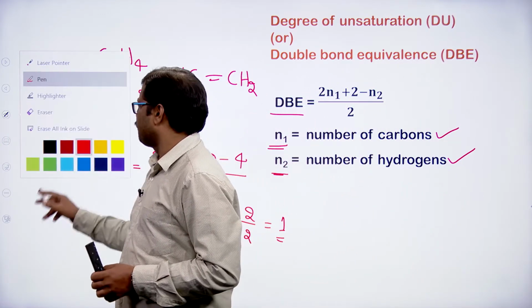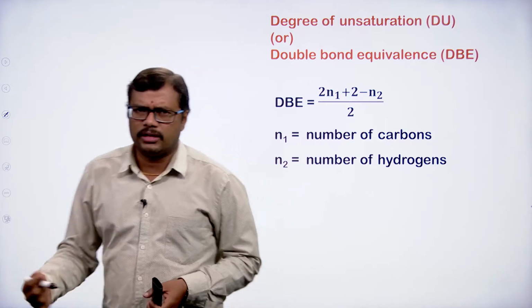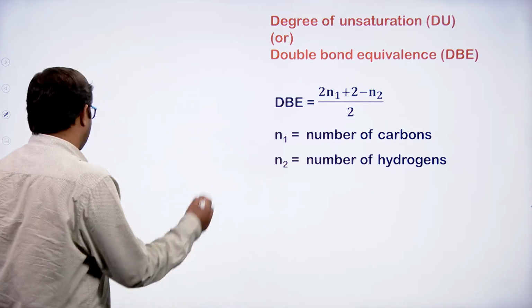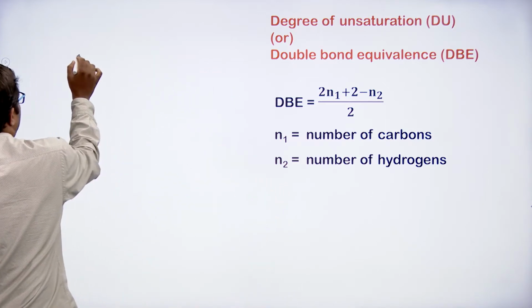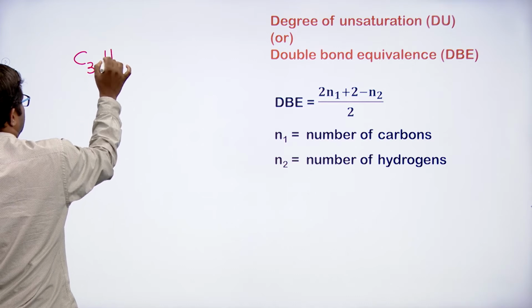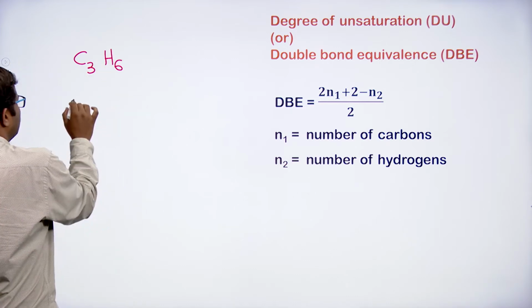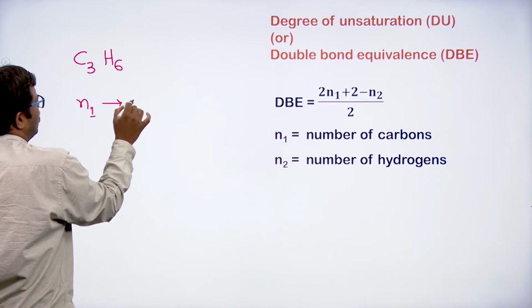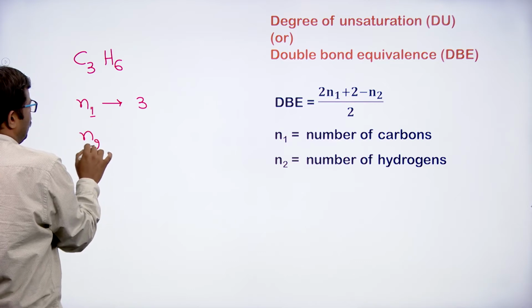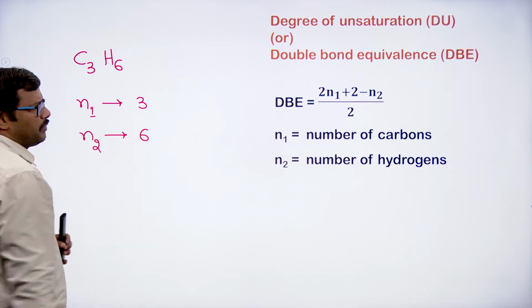Let us take one more example so that you will have a clear idea about this formula. So let us take C3H6. Here the number of carbon atoms is 3, and the number of hydrogen atoms is 6.